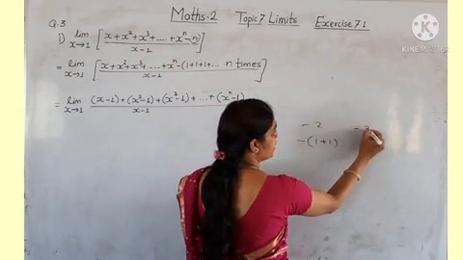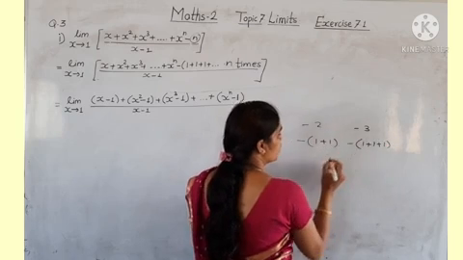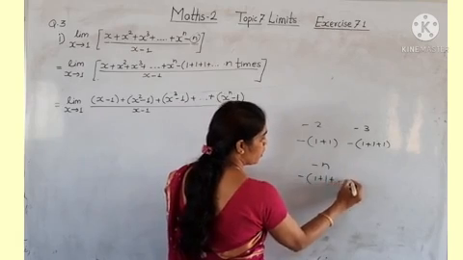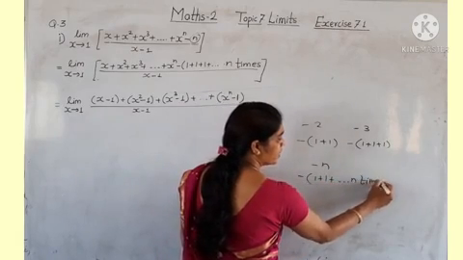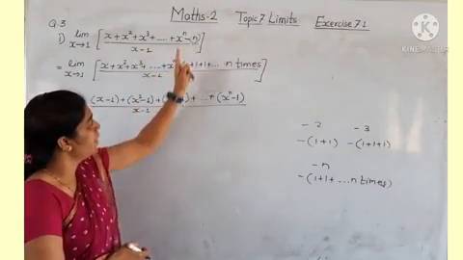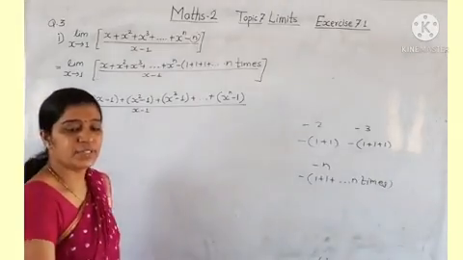Suppose there is minus 3, we write it as minus 1 plus 1 plus 1. So there is minus n, we write it as 1 plus 1 plus dot dot dot n times. So here I have written n as 1 plus 1 plus 1 up to n times.